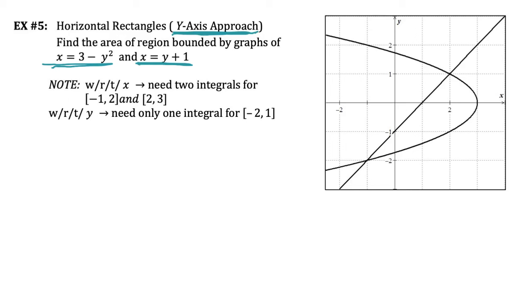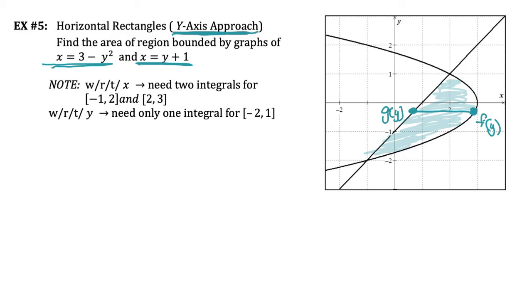So what we're really doing is taking this function way back here, which we can call f of y, and we're going to find the difference between that and g of y. So the bounded region is going to look like this. It's that region inside there. That's the area that we're finding.